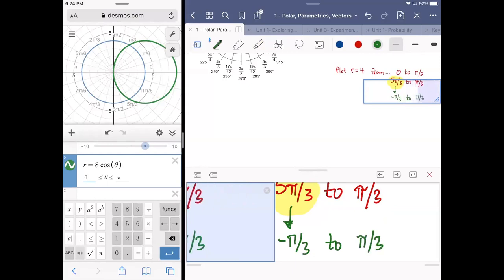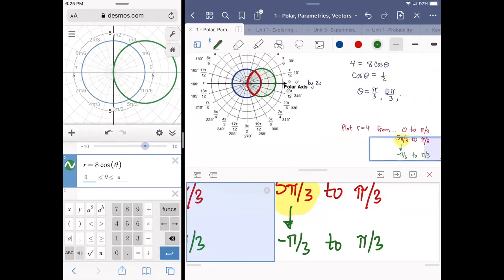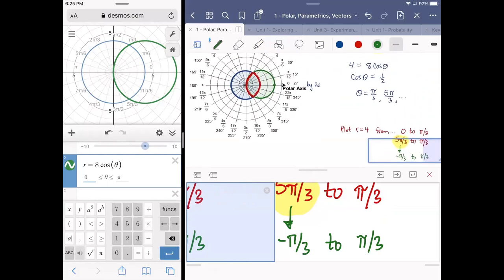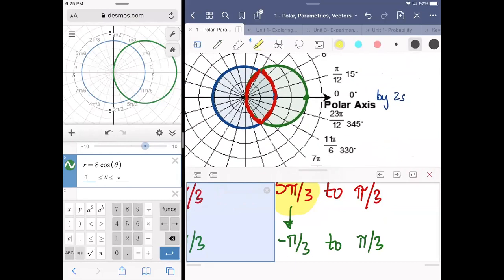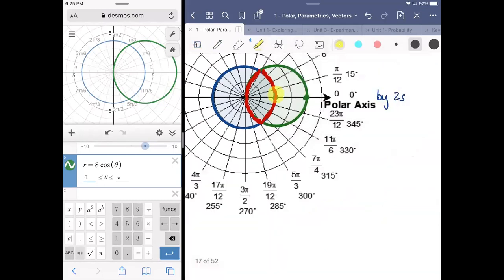Now, if I go from 0 to pi over 3, I would just have to remember to double that result, actually quadruple it, right? Because 0 to pi over 3, just going back to the diagram, let me really emphasize it, would just be this piece, right?